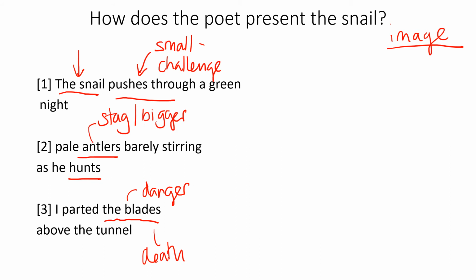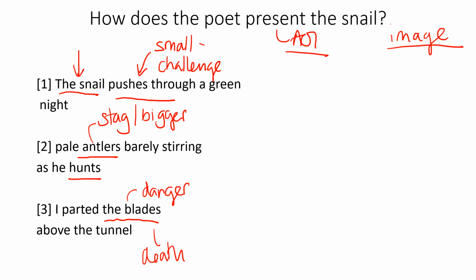Now, the examiner is looking for AO1 ideas addressing the question. So, unusually, when we're talking about unseen poetry, we're looking to make 2 or 3 ideas about the poem.